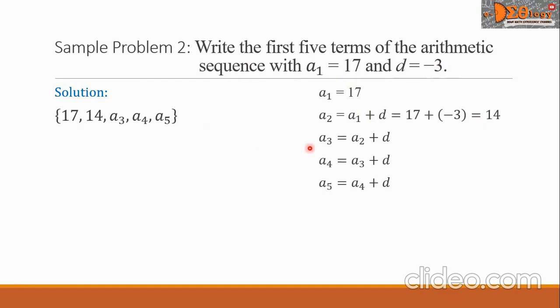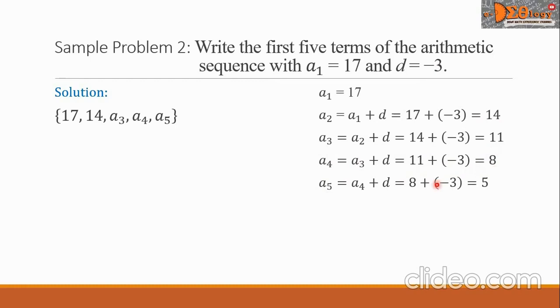For a sub 3, a sub 4, and a sub 5, we will compute by simply adding the common difference to the previous term, respectively. So a sub 3 is 14 plus negative 3, that will give me 11. For a sub 4, that is now 11 plus negative 3 equals 8.